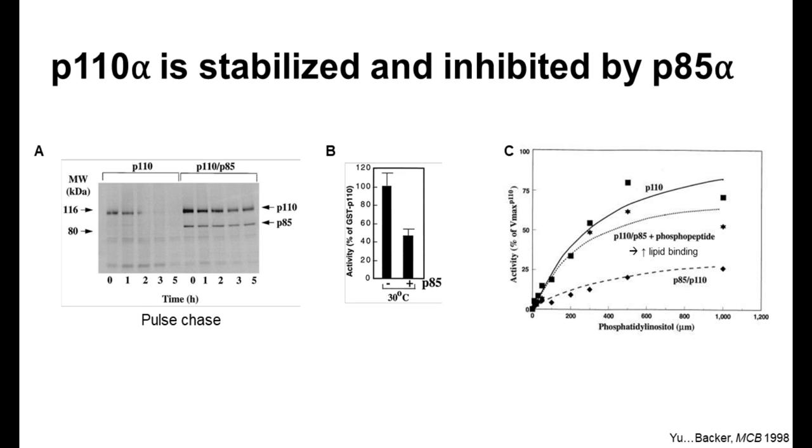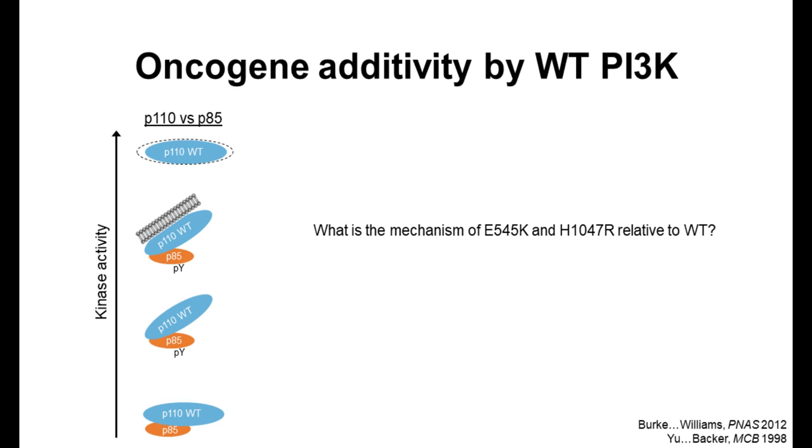In the dotted line, when bound to P85, this catalytic activity is decreased and is partially rescued with the addition of a phosphopeptide. The addition of a phosphopeptide mimics what happens normally in a cell, where a receptor tyrosine kinase, such as the insulin receptor, is phosphorylated and then binds to PI3 kinase for downstream signaling. This phosphopeptide binding also leads to increased lipid binding.